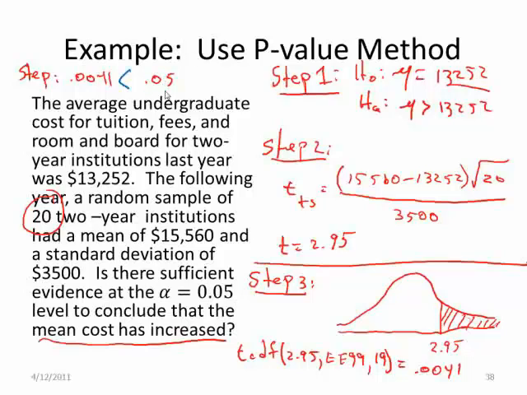So our conclusion then is to what? Is to reject the null hypothesis. So at alpha equals 0.05, the data indicates that the average undergraduate cost for tuition, fees, room and board for two-year institutions is greater than $13,252.